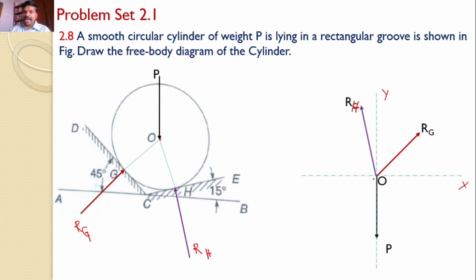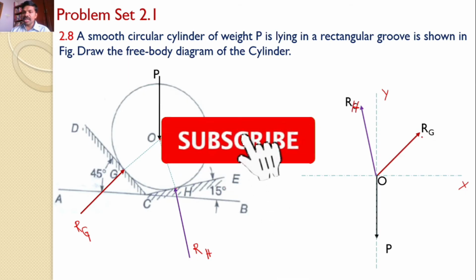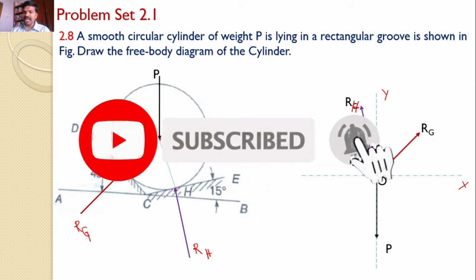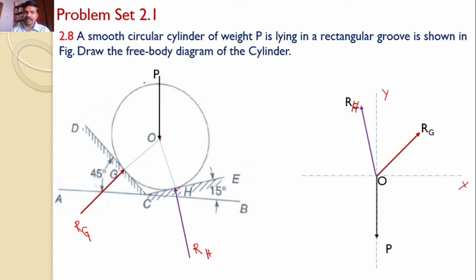We would also like to represent the angles made by all these three forces. Of course, P is vertical, and we should represent the angle made by RG and RH with either the X or Y axis. Now, what is RG? RG is a reaction force which is perpendicular to DC.